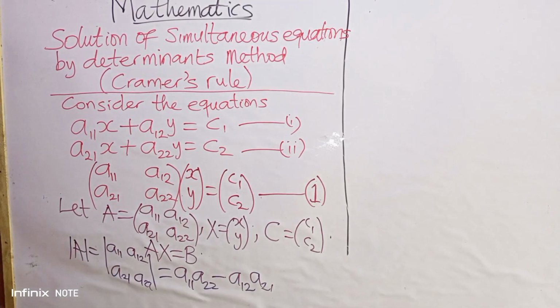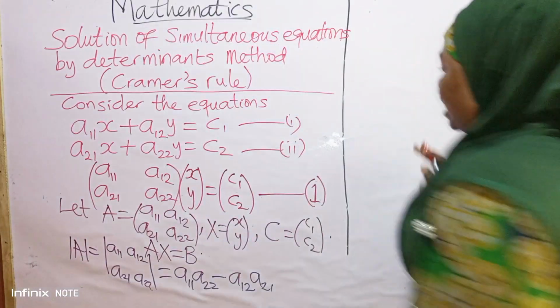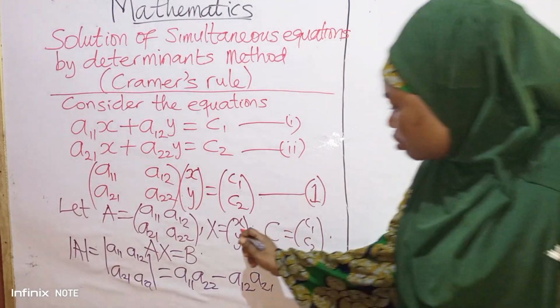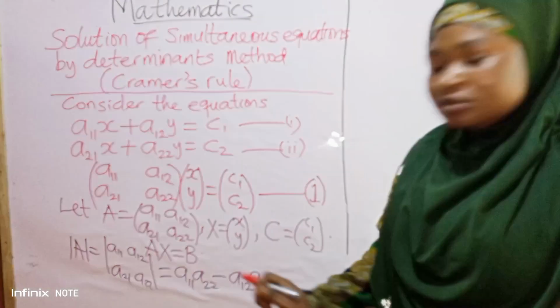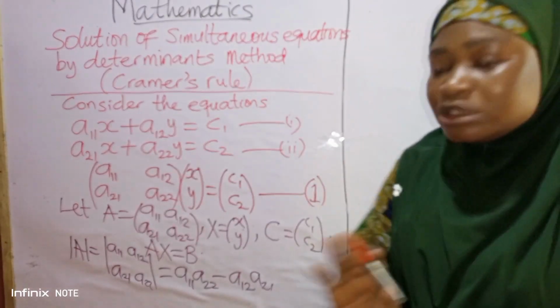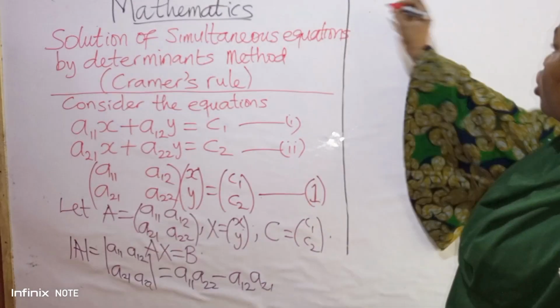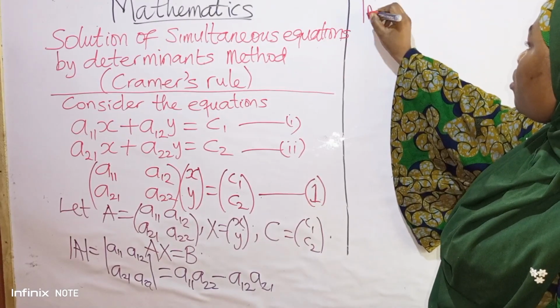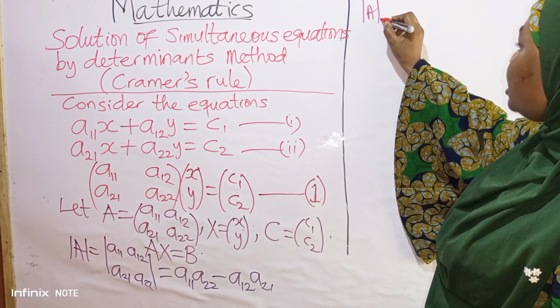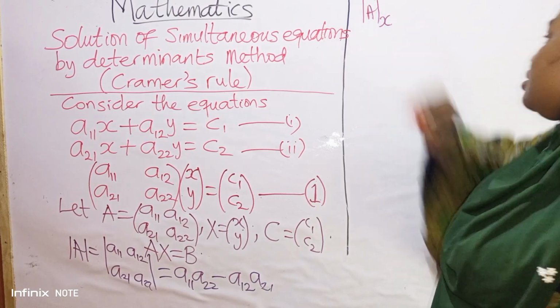So you keep that one. Now, for us to find small x and small y, this is what we need to do. You find the determinant of A in terms of x.